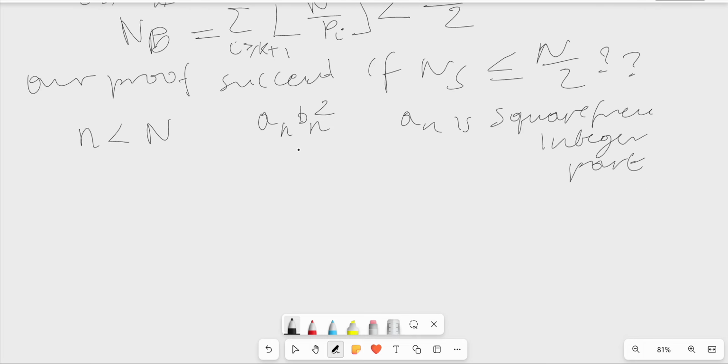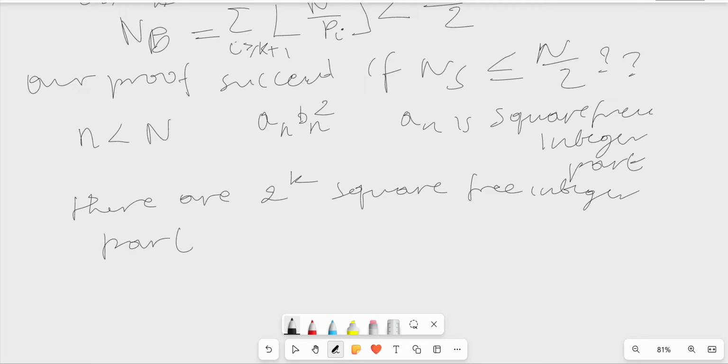Since we have k primes, there are 2 to the k possible square free parts.